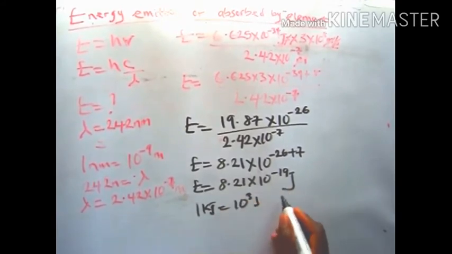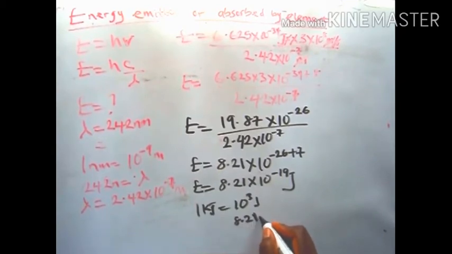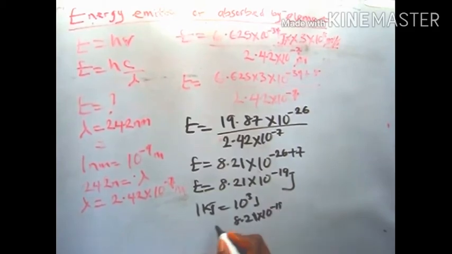Then since we have this joule, now we'll have 8.21 exponential minus 19, to give us what here, let's name it x. Then when you cross multiply, you'll have your x to be this multiplied by this divided by this.